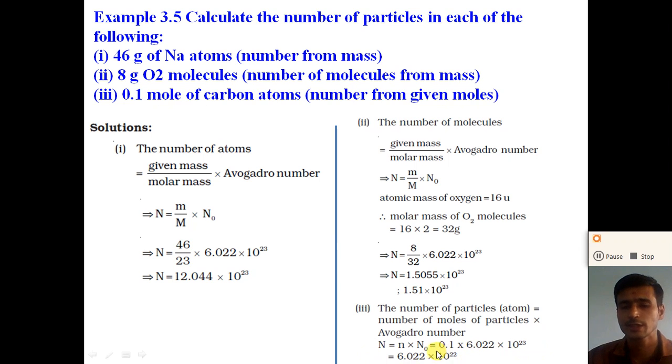Here 0.1 is 10 raised to minus 1, so 10 raised to minus 1 into 10 raised to 23 gives 10 raised to 22. So the number of particles in 0.1 mole of the carbon atom is 6.022 into 10 raised to 22 atoms. Right? Understand, dear student, all the examples?